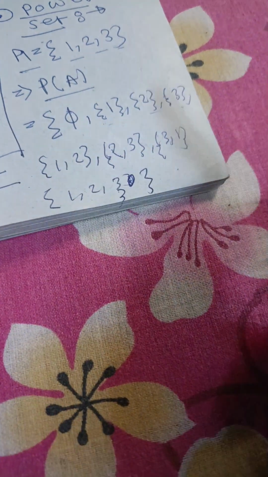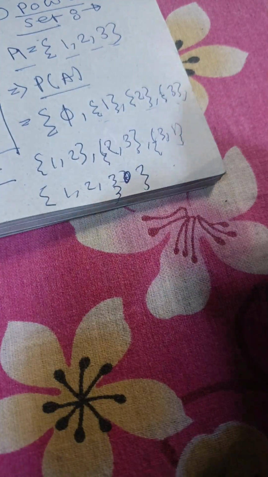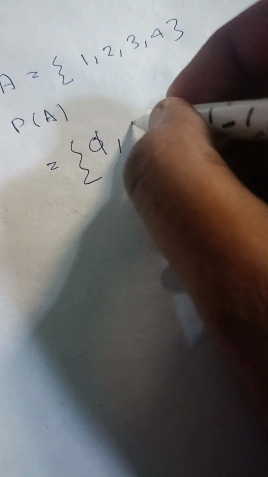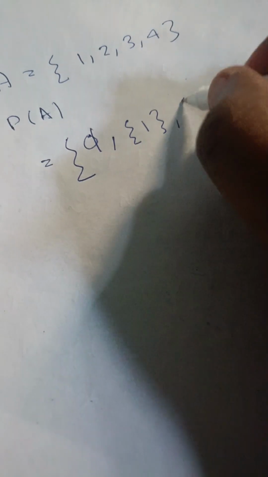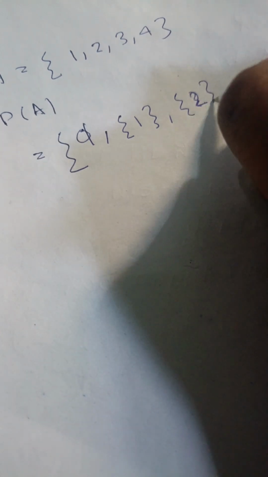If we have 1, 2, 3, 4, you can try that out too. Let me try it. If there is a set A that is 1 comma 2 comma 3 comma 4, and if we want to write the power set of A, that should be phi as the first element. Then all the combinations of the elements written in a set format.